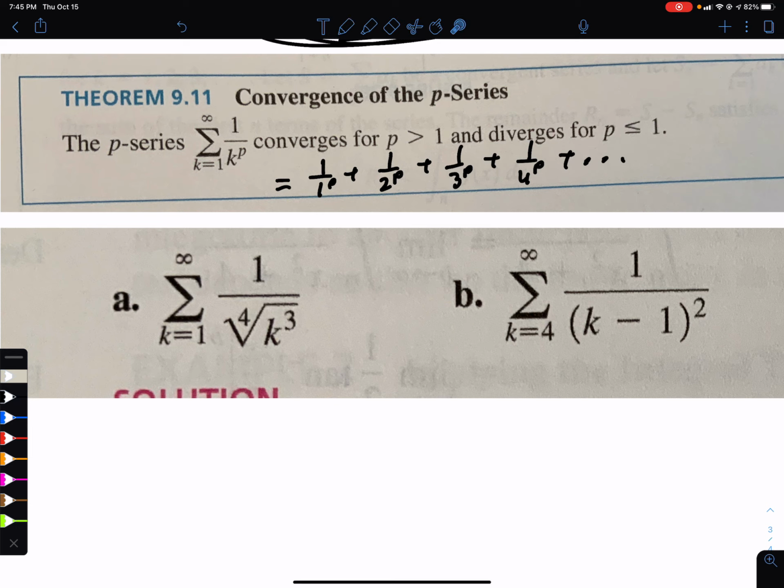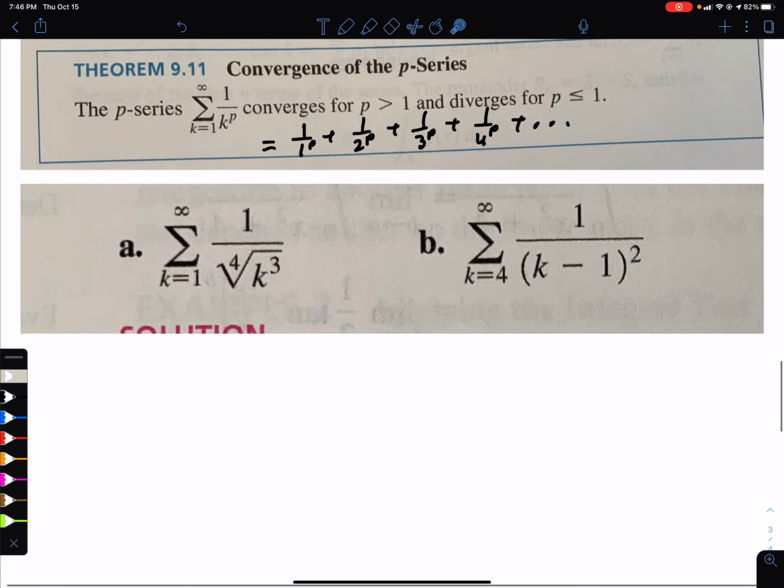Now that might look familiar to you because if p is 1, that's your harmonic series. So what does this say? In order for this series to converge, p must be bigger than 1. If p equals 1, it diverges. That's your harmonic. If p is less than 1, it diverges. So that's what you have to know.